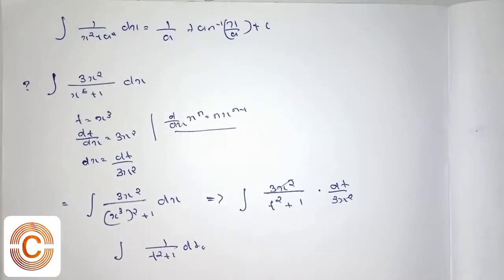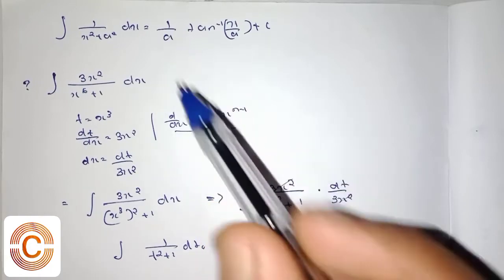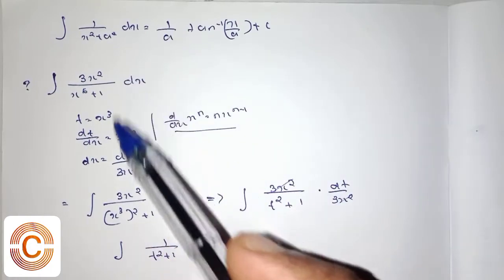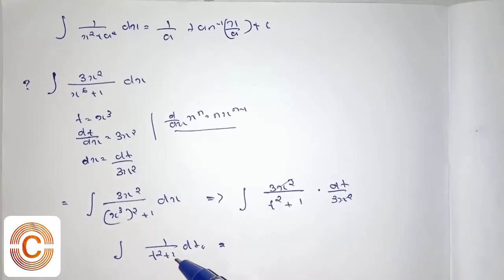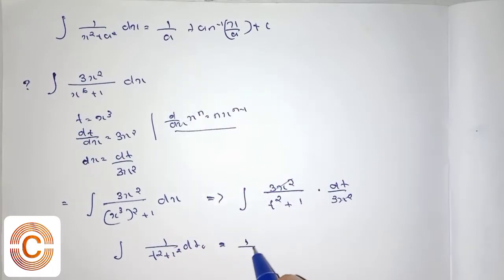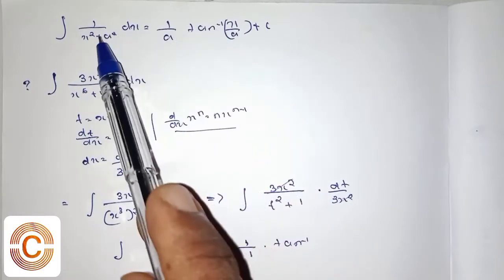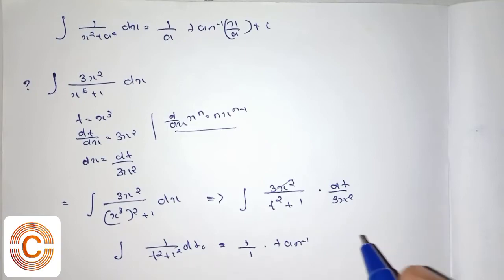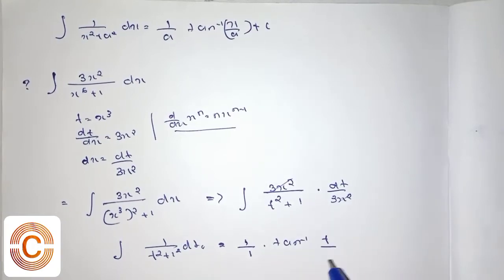The value for a is equal to 1 in t square plus 1 square, so 1 divided by a is 1 divided by 1 into tan inverse of x by a. The value of x is equal to t here, that is t divided by a, which is 1, plus c. Then we get a solution as tan inverse of t plus c.